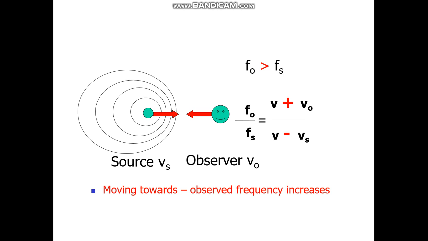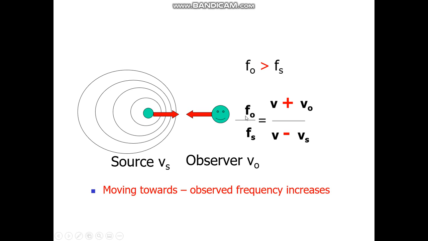Now, look at what that's done to the formula. We had a formula where FO over Fs was equal to V over V. But now the observed frequency is going to be higher than the actual frequency of the source. So this ratio, FO over Fs, is going to be greater than 1, because FO, the observed frequency, is going to be greater than the actual frequency given out by the source.